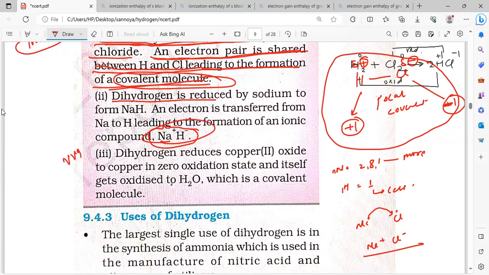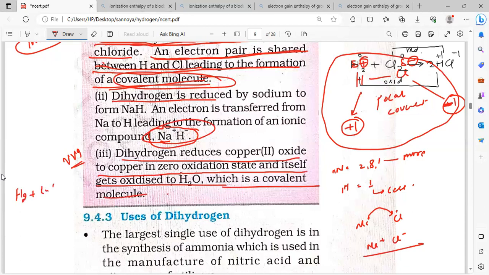Next one. Dihydrogen reduces copper(II) oxide to copper in the zero oxidation state and itself gets oxidized to water, which is covalent. So this is the reducing action. We have H2 and copper(II) oxide, CuO, where copper is in the +2 oxidation state.